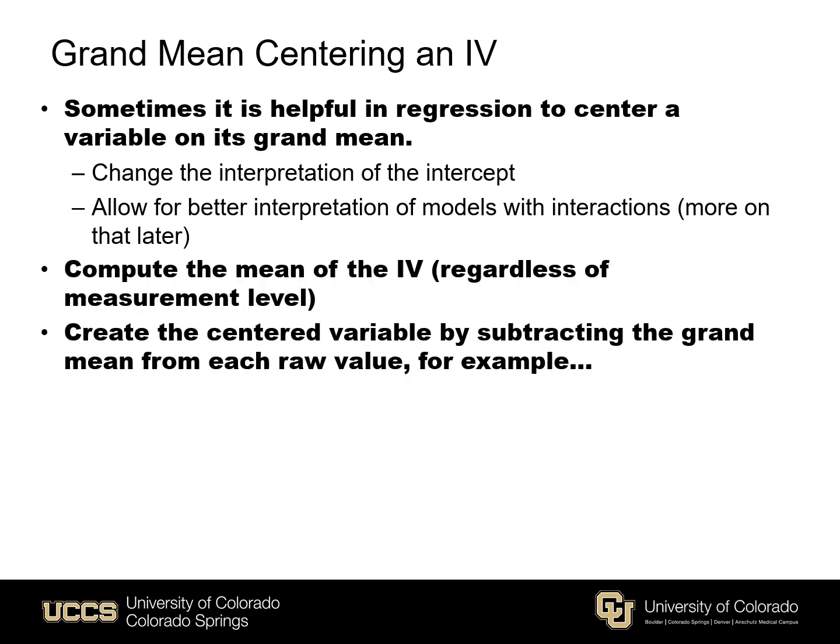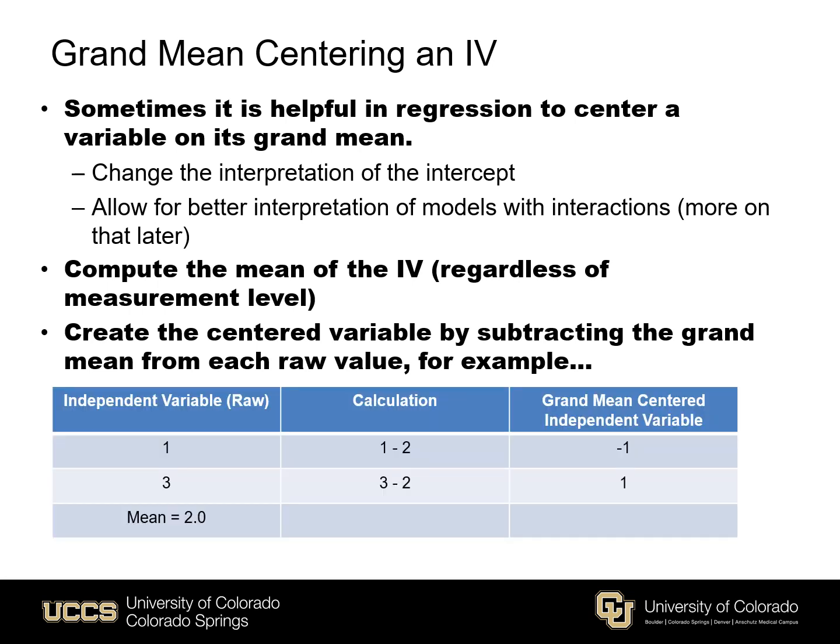The process is pretty simple. We simply compute the mean of the independent variable, and we do that regardless of the measurement level. And then we create the centered variable by subtracting that grand mean from each of the raw values. So for example, if we had a small data set with just 2 people in it, 2 cases. One person had an independent variable value of 1 and the other 3.